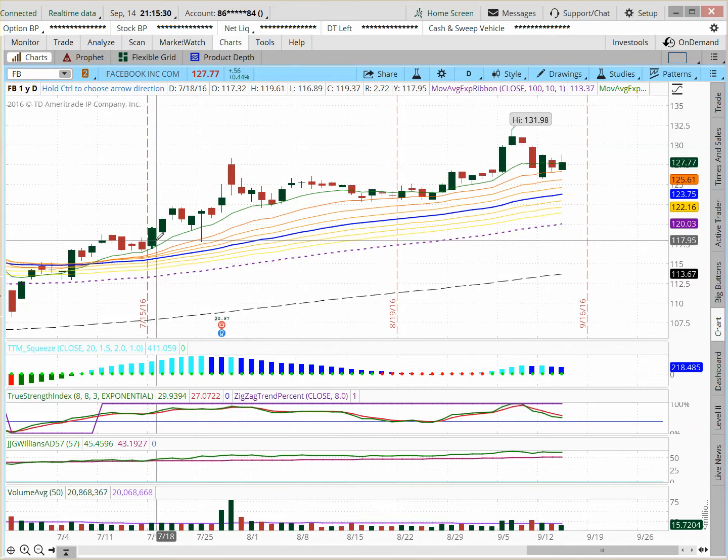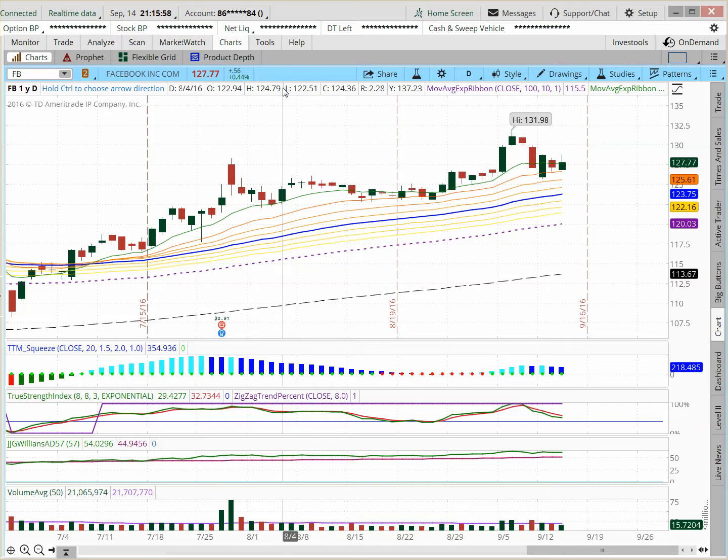So, for example, on this day, July 18th, the stock opened at 117.32. And it closed up here. It closed at 119.37. And you will see that information up top right here.